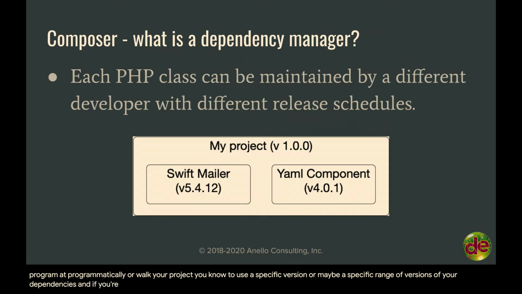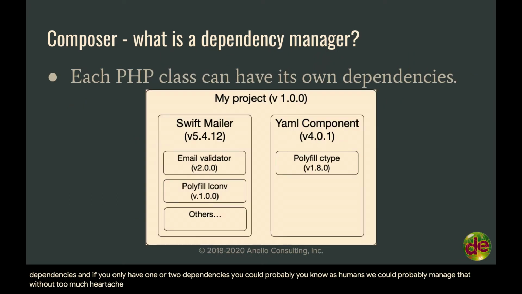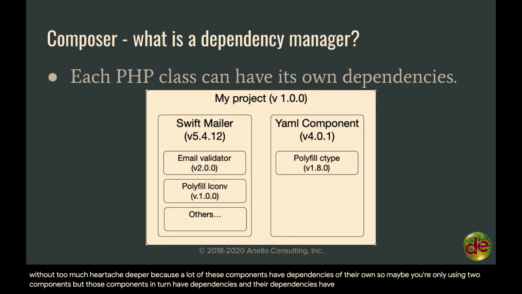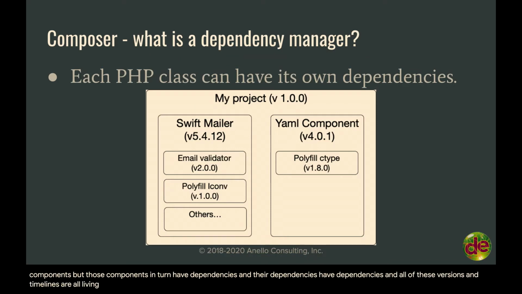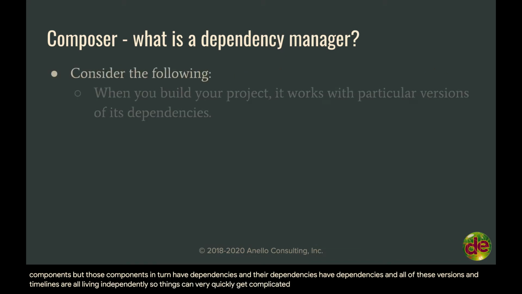And if you only have one or two dependencies, we could probably manage that as humans without too much heartache. But the problem gets deeper because a lot of these components have dependencies of their own. So maybe you're only using two components, but those components in turn have dependencies, and their dependencies have dependencies, and all of these versions and timelines are living independently, so things can very quickly get complicated.